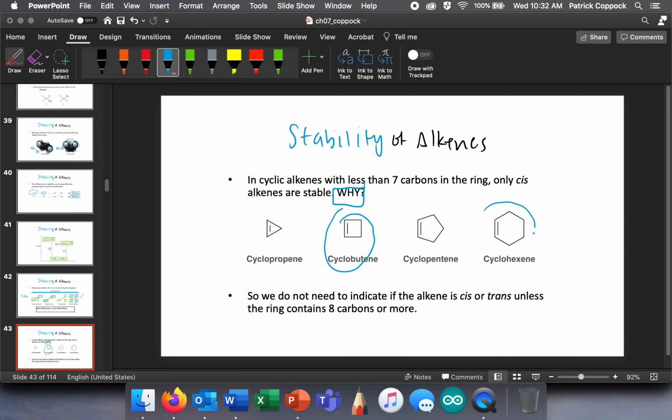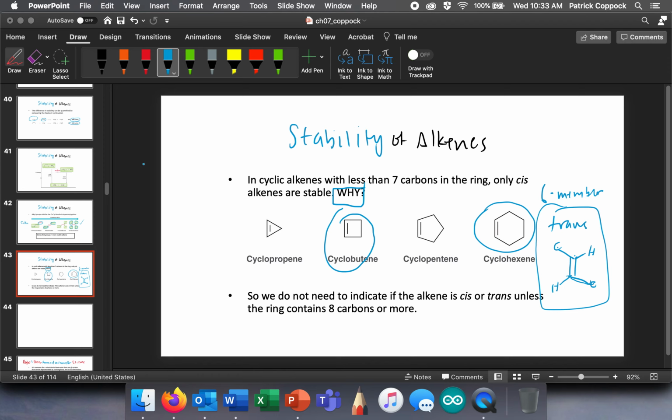Try to build this, and then try to build a 6-membered ring in a trans configuration, where the double bond is actually trans, right? 1, 2, 3, 4, and so start out with something like that, where this is a hydrogen, and this is a hydrogen, and this is a carbon, and this is a carbon, right? So build a 6-membered ring in the trans configuration, and you'll see it's very uncomfortable. Prove that to yourself by building it.